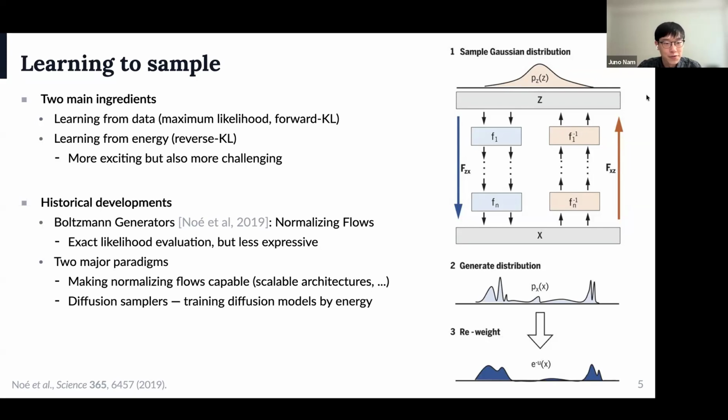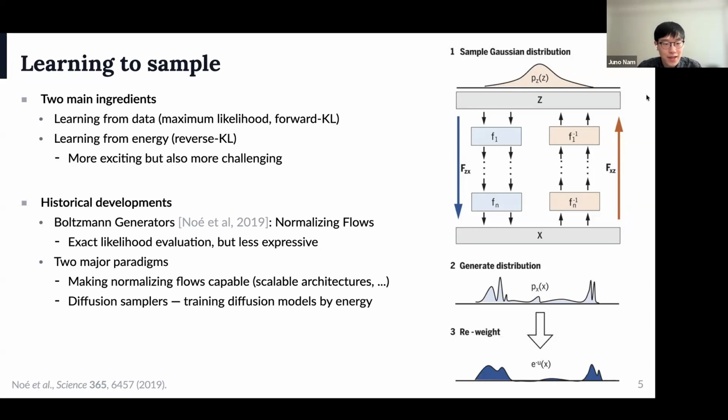Since then, there have been two major paradigms of developing these Boltzmann generators. The first extends normalizing flows, trying to make them more capable of learning complicated distributions by developing scalable architectures and training schemes.